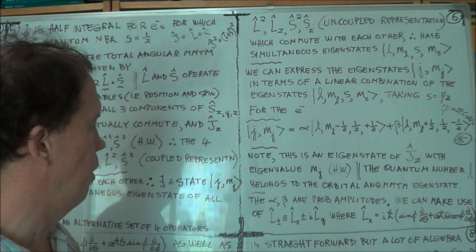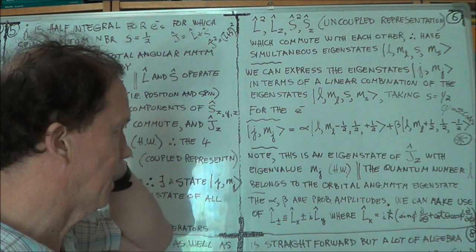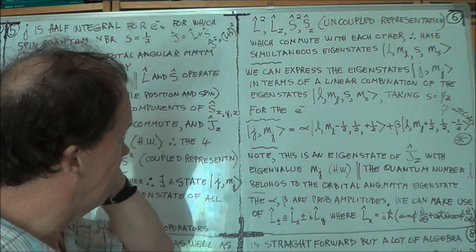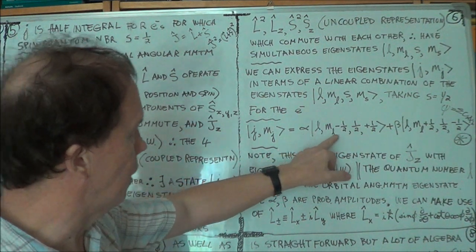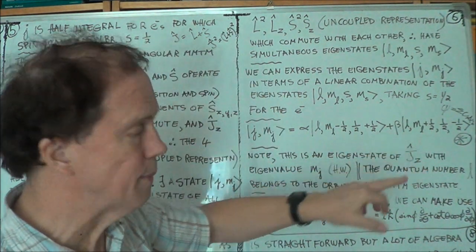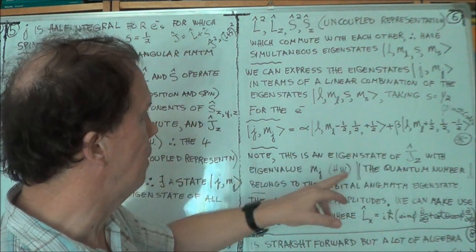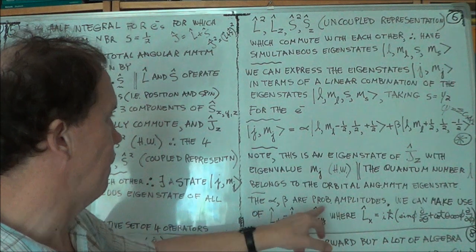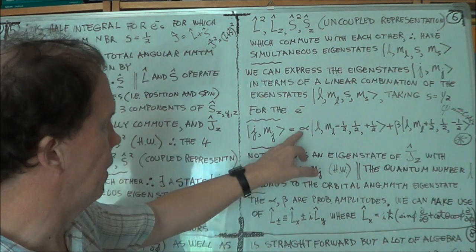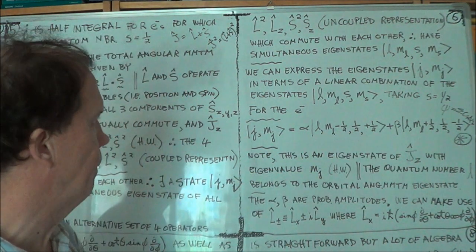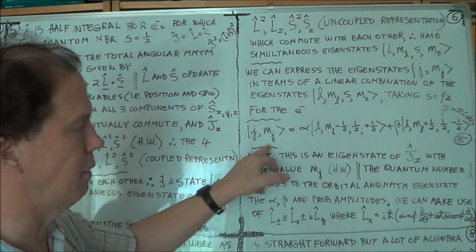So they're probability amplitudes. Now we'll assume these are orthonormalized, so alpha squared plus beta squared should be 1. We're trying to solve for alpha and beta, and that's the problem.